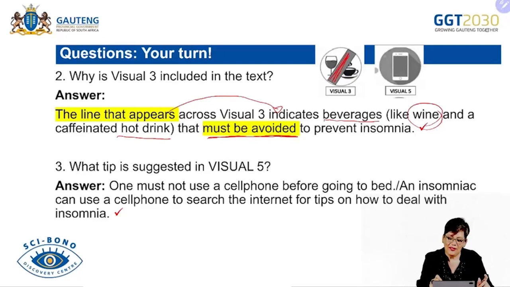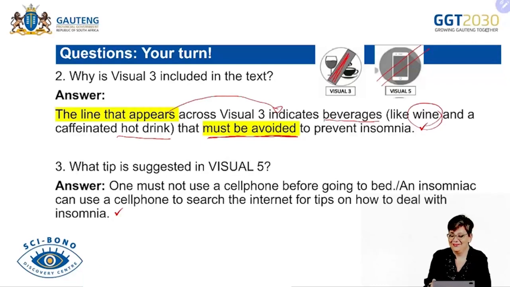Now, can you see the difference between the two? There's no line across it. So it's open for interpretation. So on the one hand, I can say, don't use your cell phone. But on the other hand, I can say, if you can't sleep, go onto the internet and see if there are any tips on how to fall asleep.